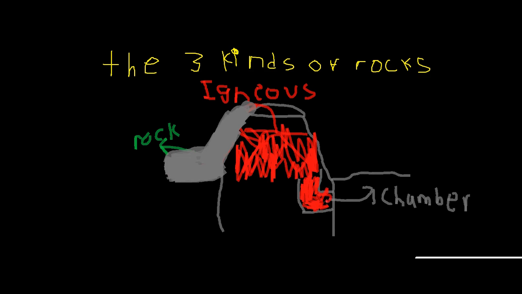It goes into this chamber, and it stays there. Maybe it was lucky enough that some rock formed around it and sealed it in, or maybe it was just not part of the explosion. It was lucky enough to stay there.